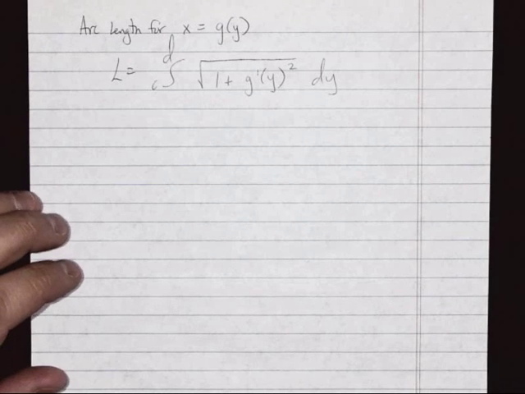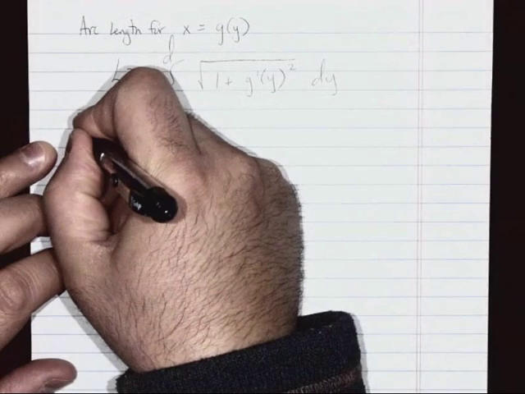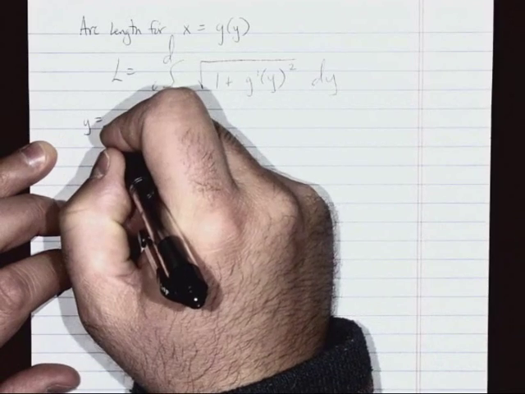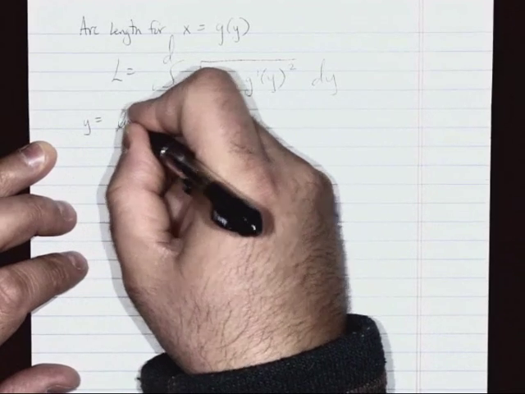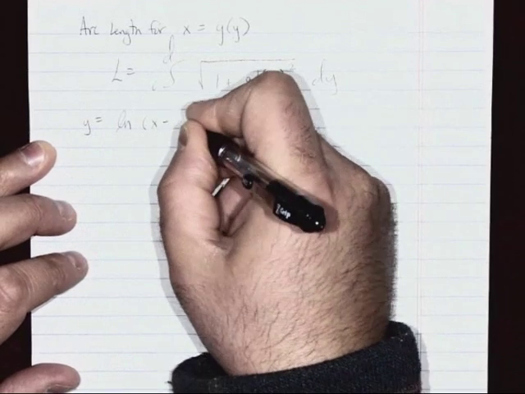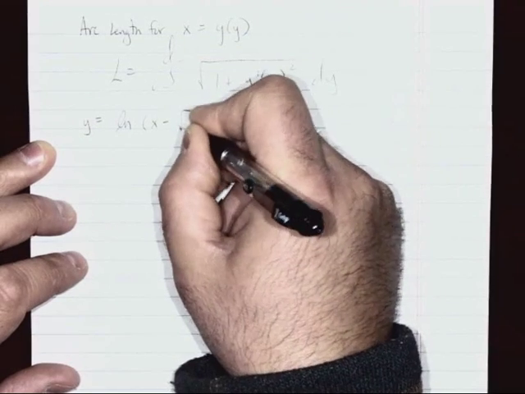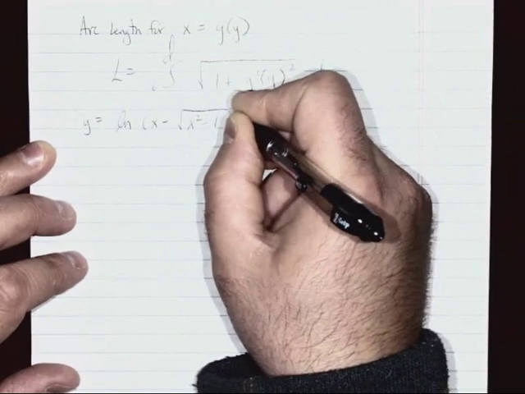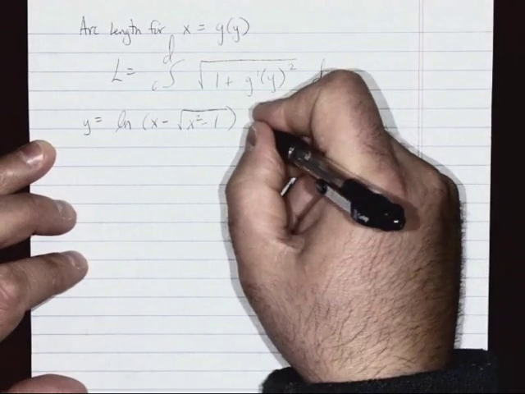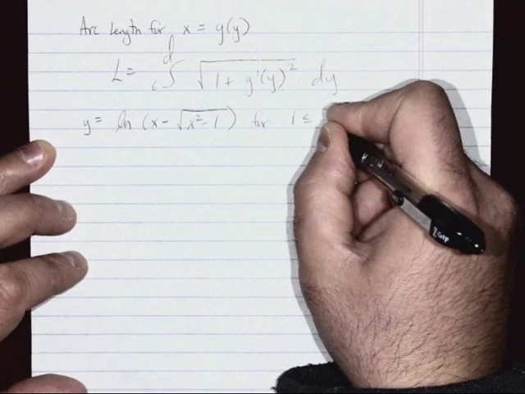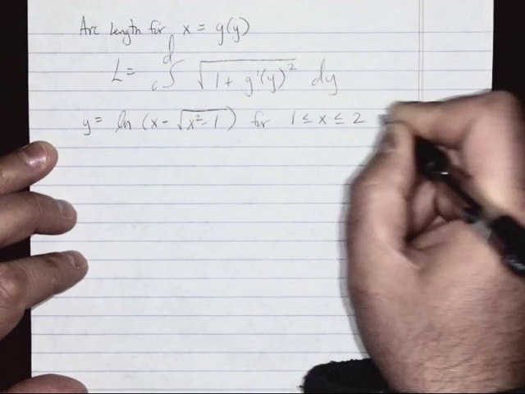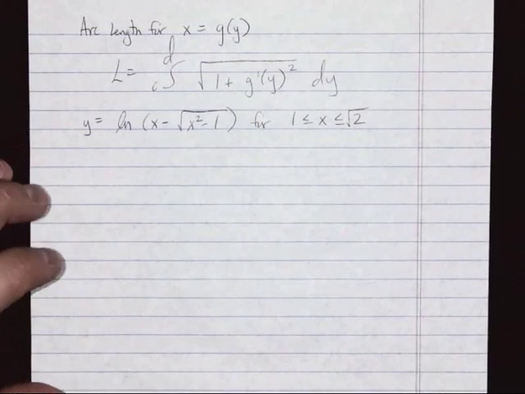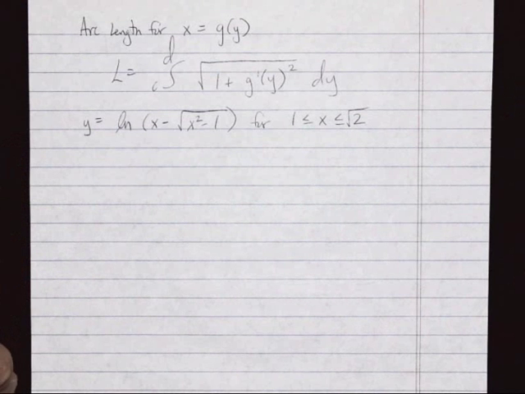Okay. So here's 28. 28 says find the arc length given this information. So for this function, notice it's solved for y. It's going on the interval from 1 to square root of 2 on the x-axis. Now, you could obviously just do this problem like we just did the other ones.